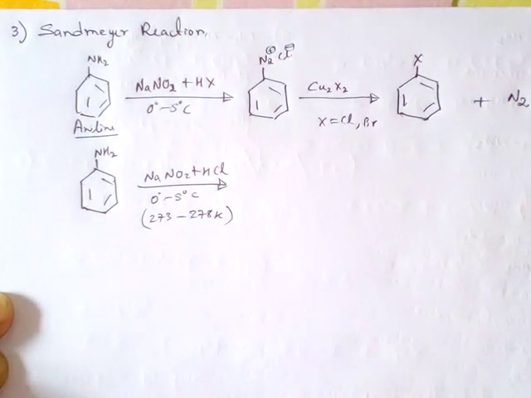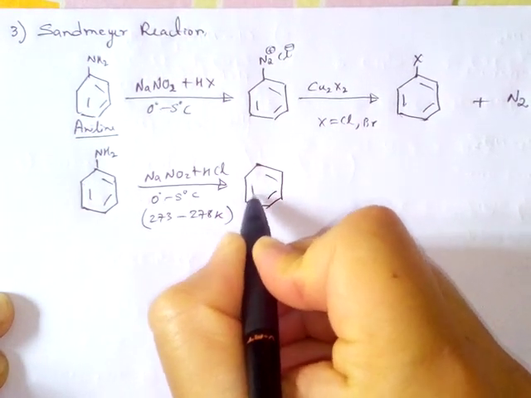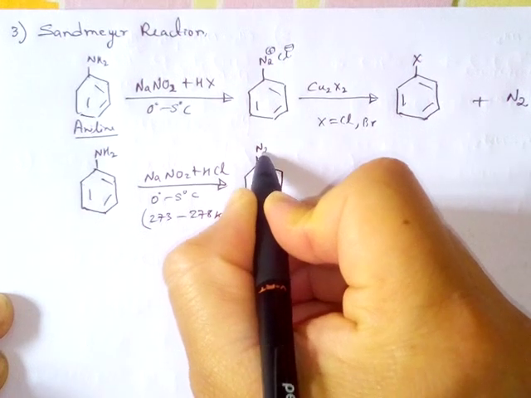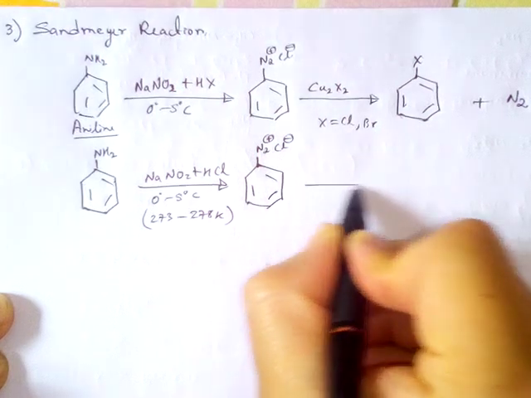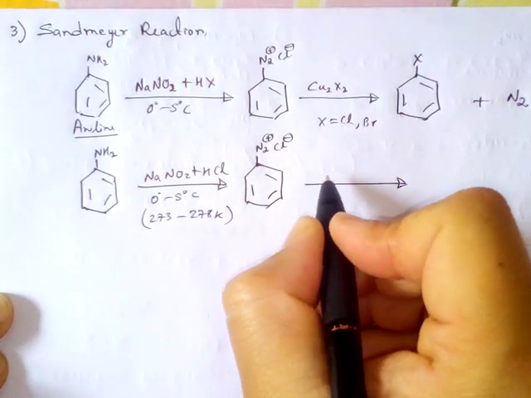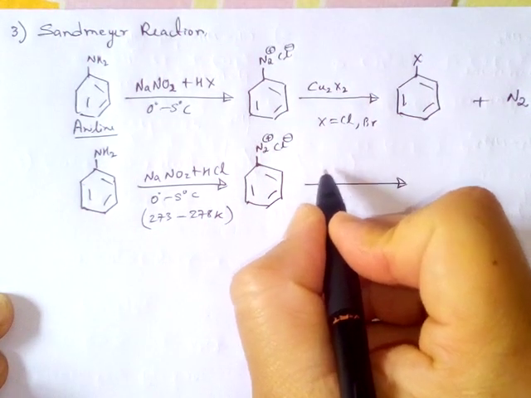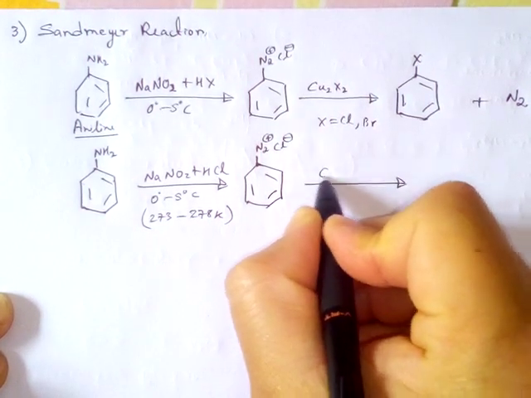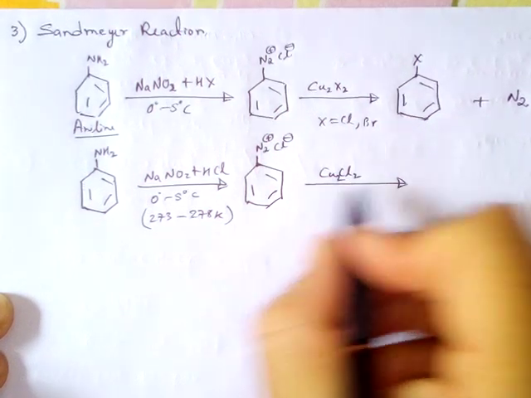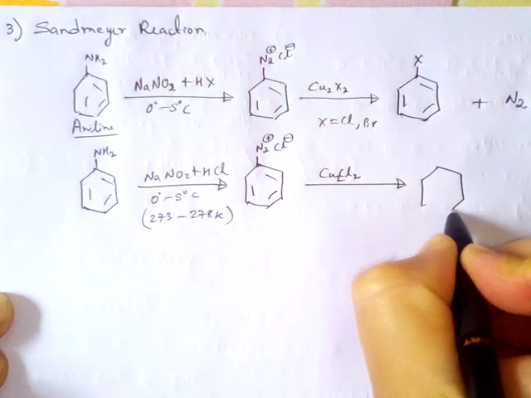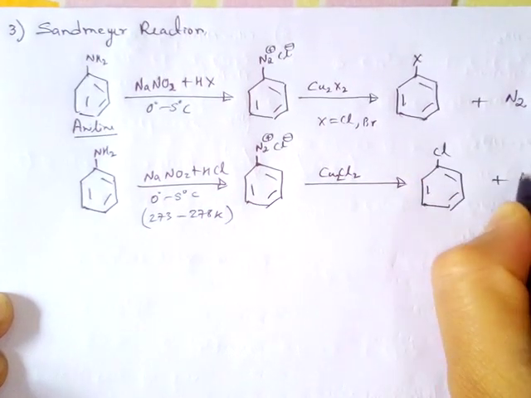So it will form benzene diazonium salt. So it is N2+ Cl-, and you have to add cuprous chloride. It is written as Cu2X2 also. Sometimes it is also written as CuX whole 2. So we'll add CuCl, then what will happen is chlorobenzene is formed, Cl plus some side product.